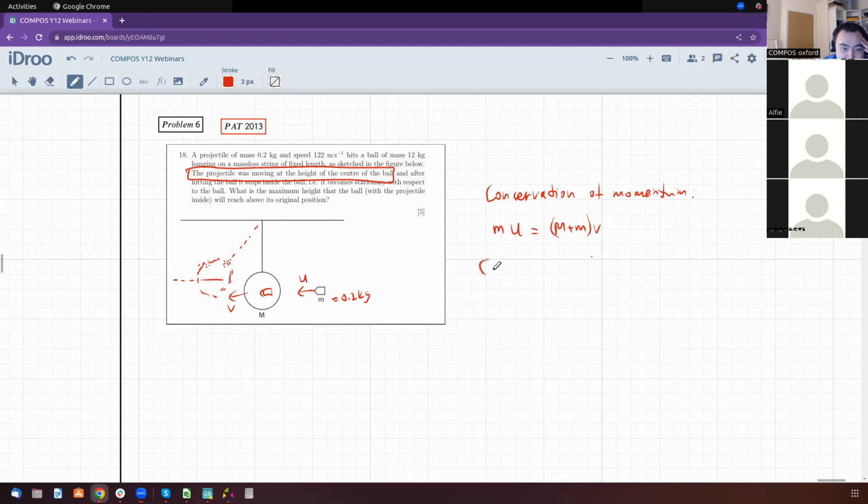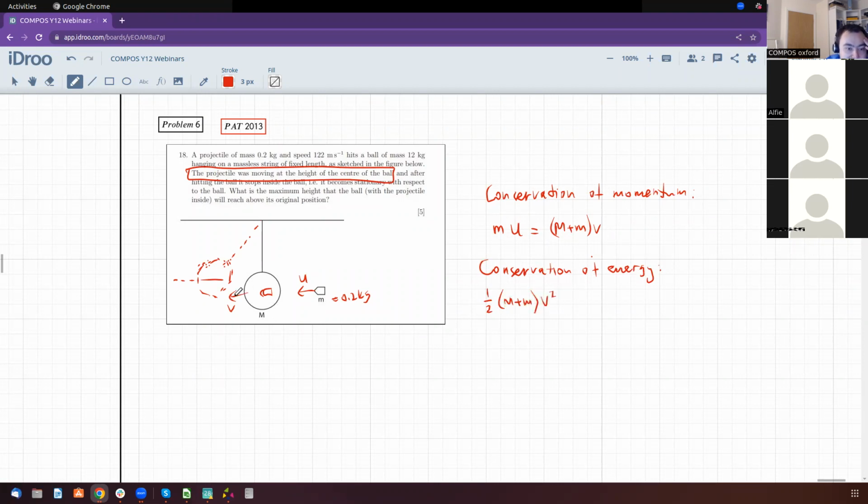So we have conservation of energy. So 1/2 (M plus m) v squared.